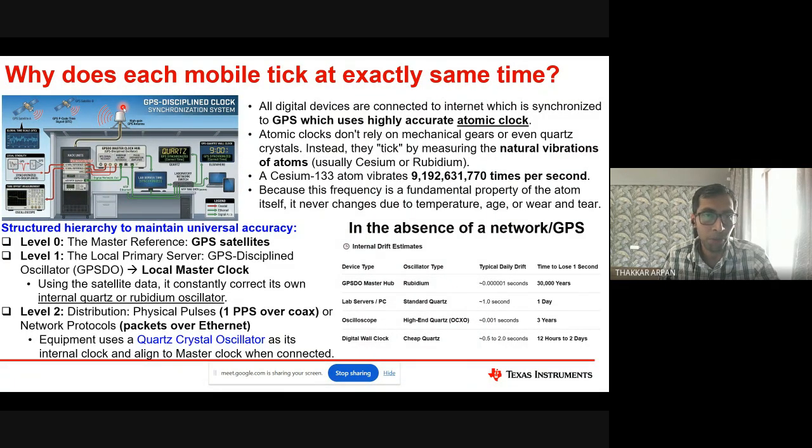But your laptop gets synced through the Ethernet, because that accuracy is propagating through the Ethernet: GPS goes to the master clock, the master clock gives signals to the Ethernet, and Ethernet sends those packets to your laptop and PC, and that's how it gets synchronized. So if you don't have access to the internet, you lose almost 1 second in one day. So that is what it is.